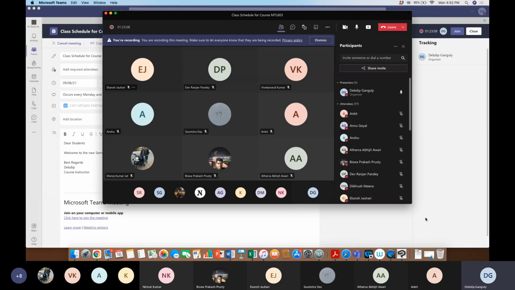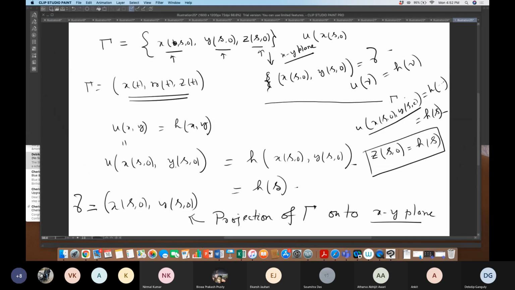Just one more definition, then I will stop. So, last, I write down the Jacobian: del x by del s, del x by del t, del y by del s, del y by del t at t equal to 0, right? What is del x by del s?